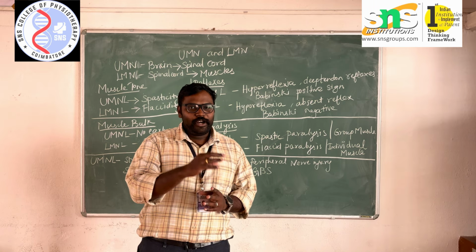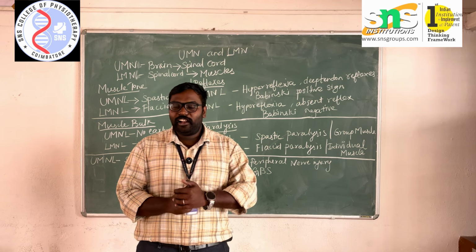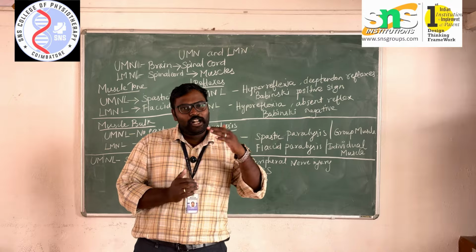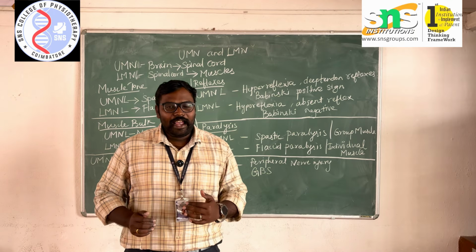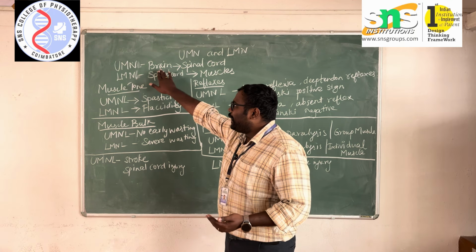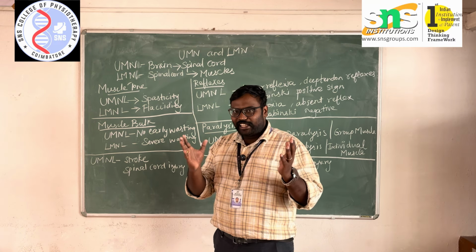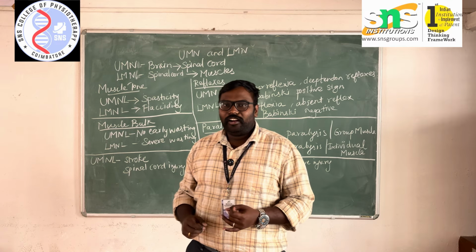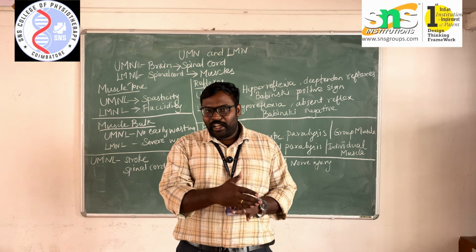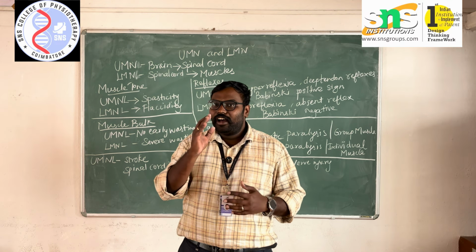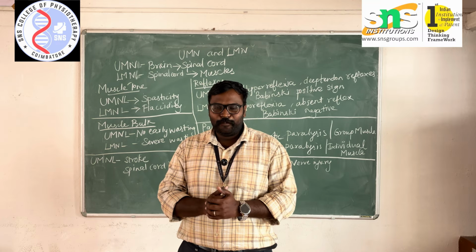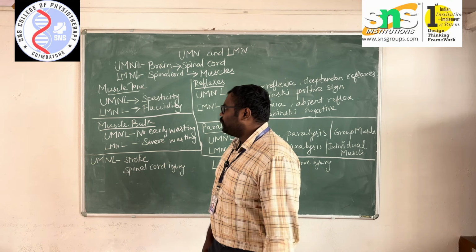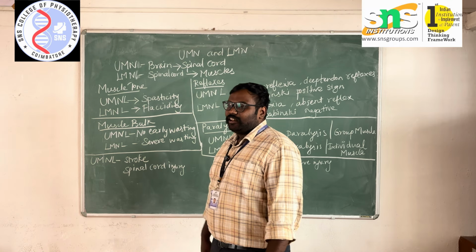Now, upper motor neuron lesion and lower motor neuron lesion. Actually, upper motor neuron lesion involves the brain to the spinal cord. If this area gets any type of disease or injury, it is referred to as an upper motor neuron lesion. Now the lower motor neuron lesion goes from the spinal cord to the muscles.